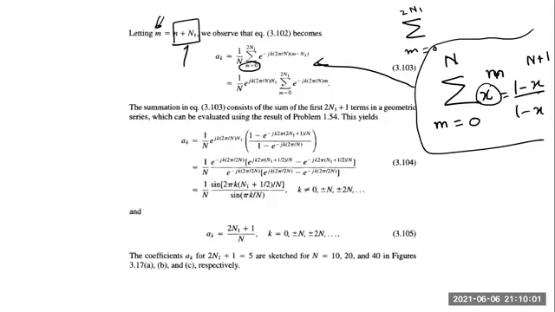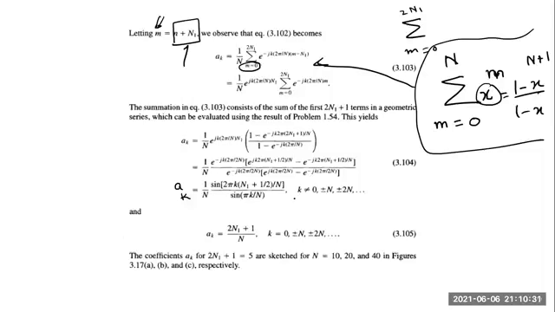So this is all mathematical manipulation. There is no signal system concept involved. All you need to do is simplify this expression, and ultimately you will get your result like this. So this is the Fourier coefficient. Now, there are two possibilities.